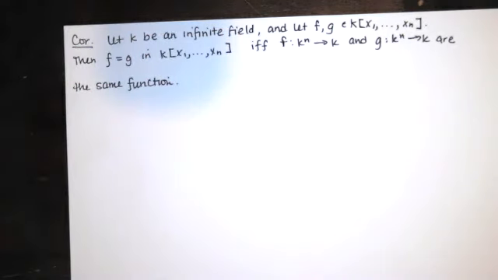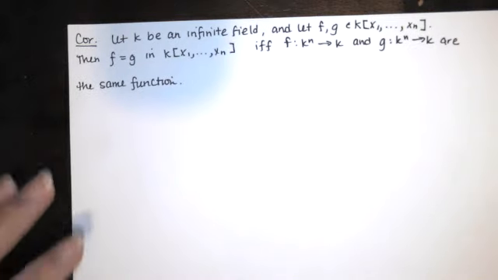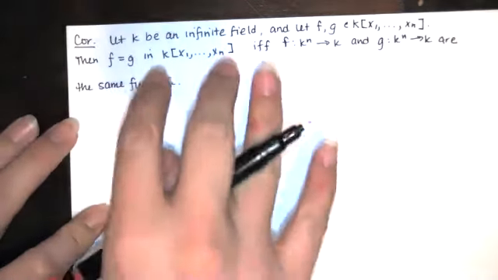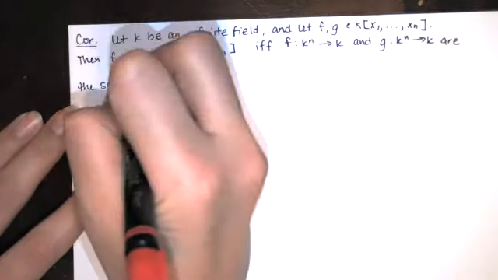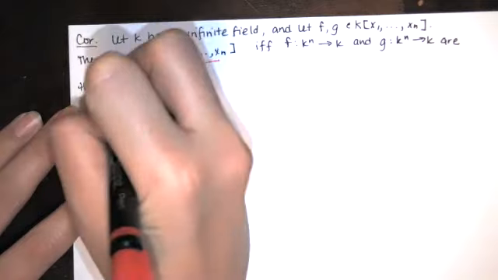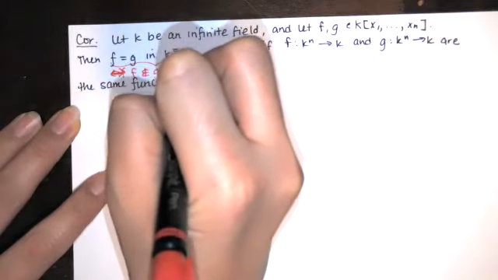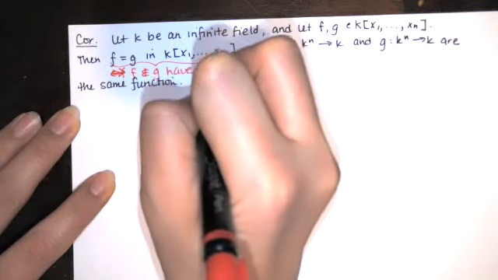Now again, whenever you say f is equal to g in this polynomial ring, you have to ask yourself, well, what does this mean? Again, we're saying that two functions are equal in this ring, or this is equivalent to saying that f and g have the same coefficients.